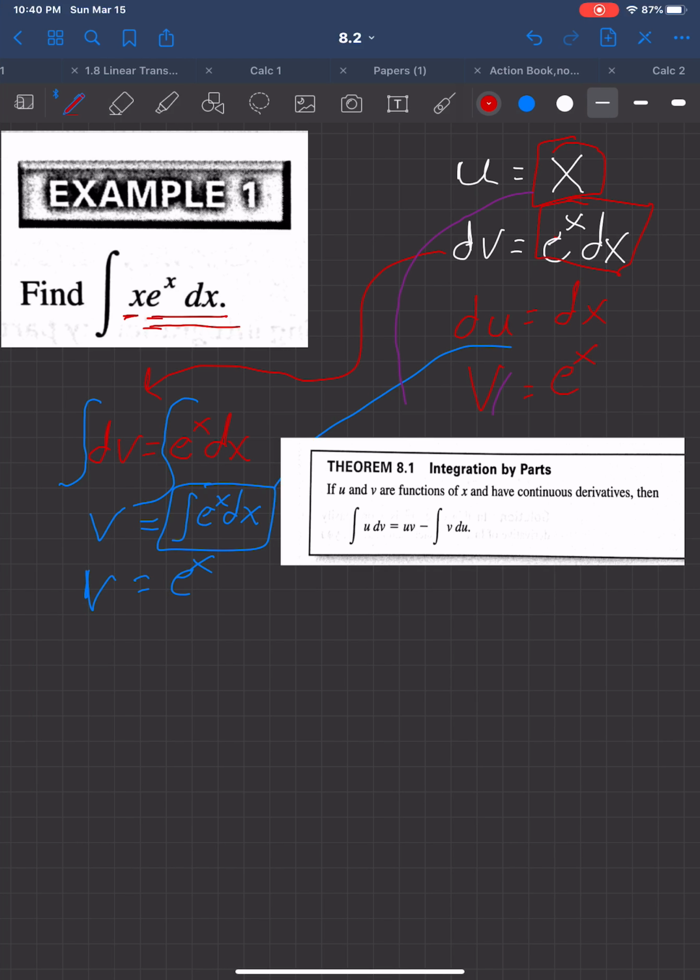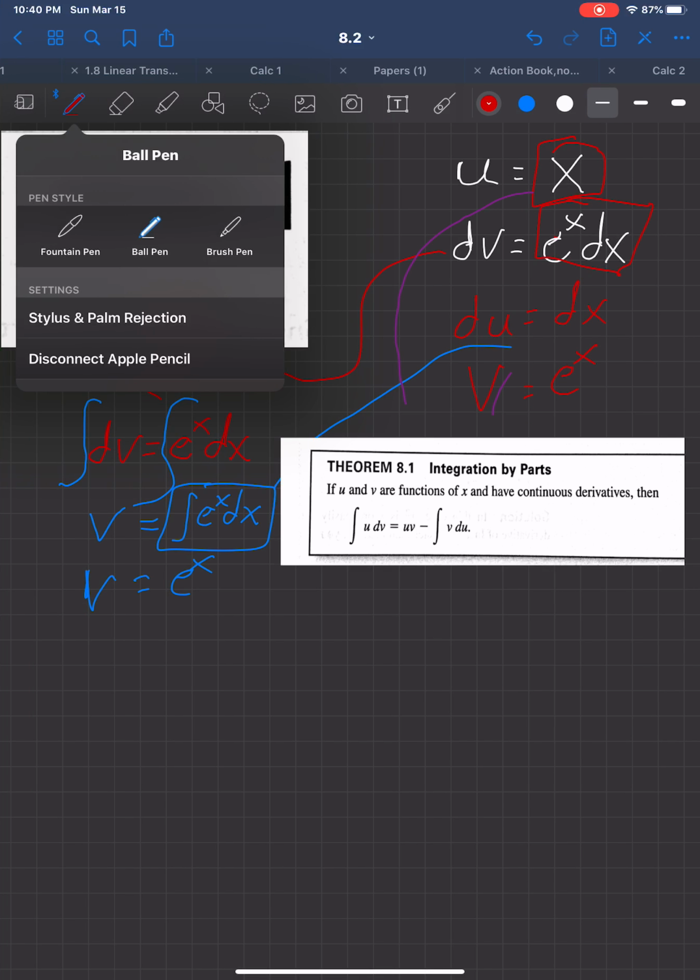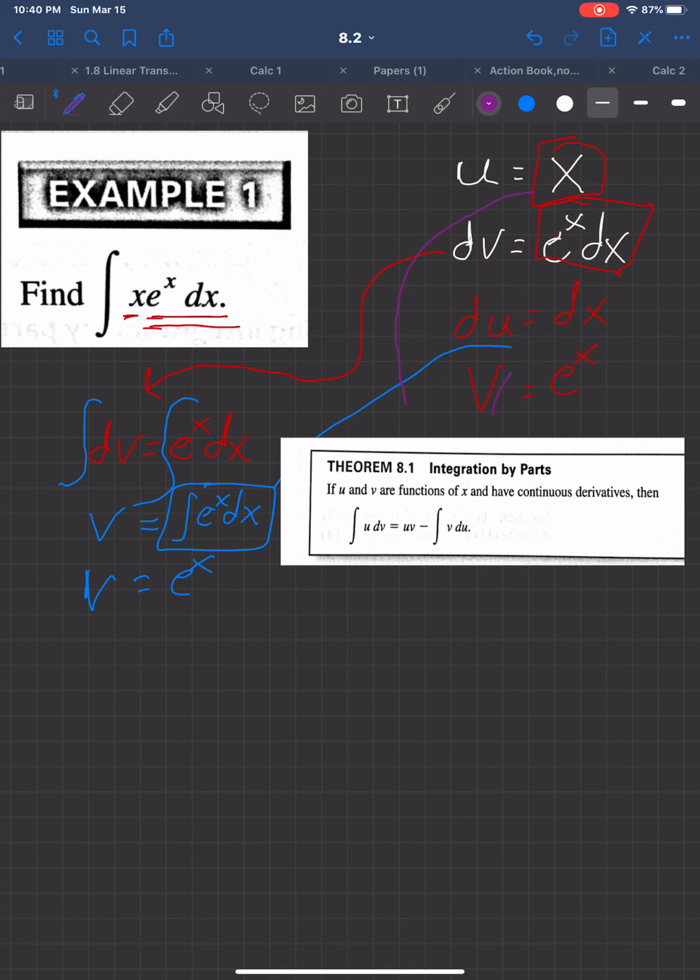All right, so I'm going to try, and I don't care if you're laughing at me. It does not bother me. I'm going to try one more time, see if I can draw these arrows. So v is going to go here, u is going to go here, and du is going to go here.